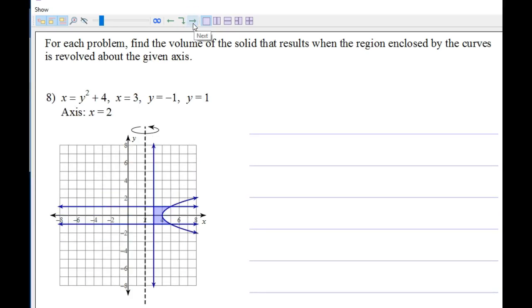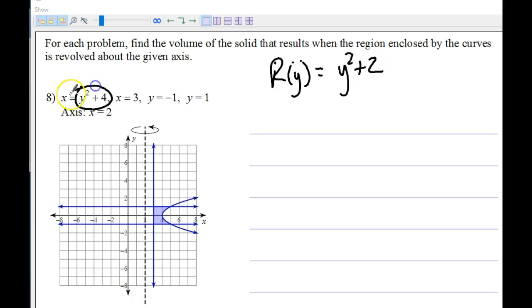Okay, number 8. David, big R. Oh, it's y squared plus 2. Good. So you take this and you subtract from it this, right? Isn't the 3 closer to it? No, the axis. The 3 is closer to it.